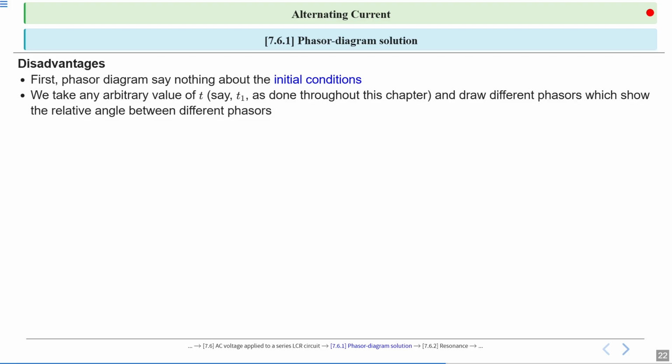But we didn't say anything about the initial condition. The solution so obtained is called the steady state solution. I have discussed this for the inductor and capacitor. When we close the circuit, current starts from 0 toward its maximum value. In the case of a capacitor, it starts charging from 0 to the maximum value, which takes some microseconds or milliseconds.